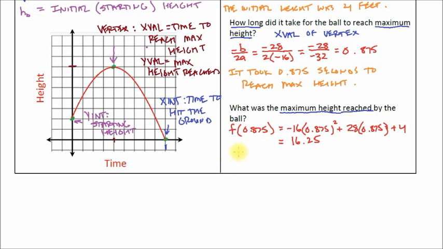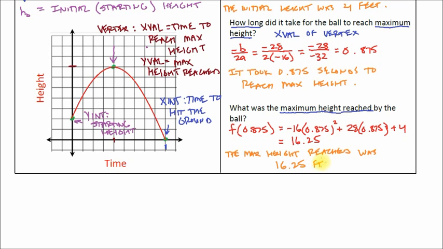The maximum height, and I'll just put max for maximum. The maximum height reached was 16.25.